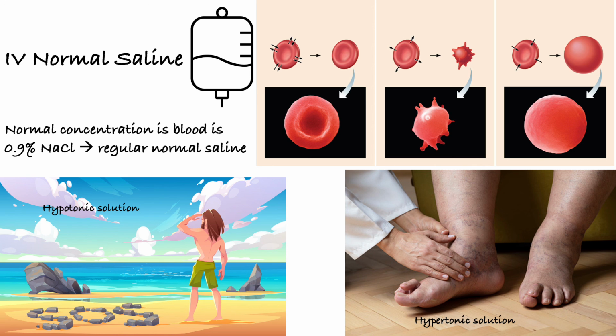So we need to get their cell to the normal level. This has to be monitored carefully. So we give them hypertonic solution so that water can enter their cell, and as soon as water enters their cell, then we switch them to isotonic solution.